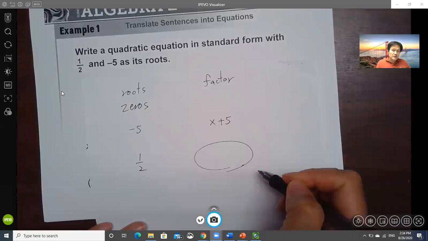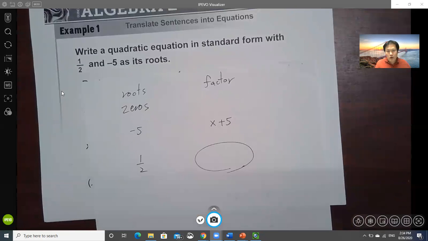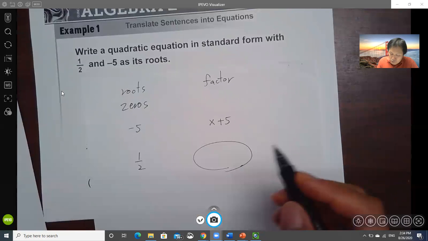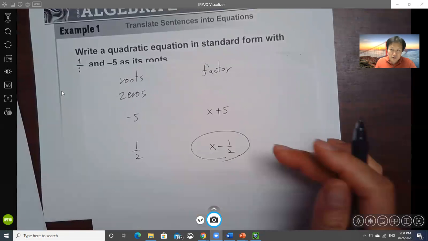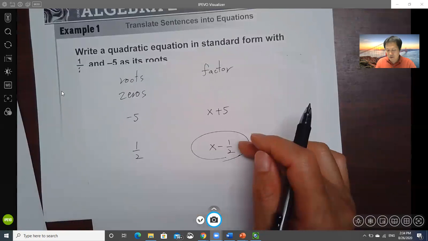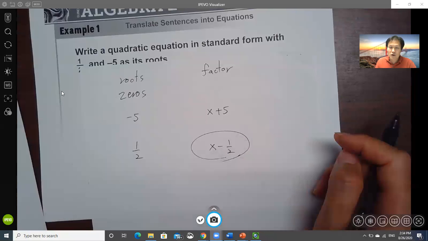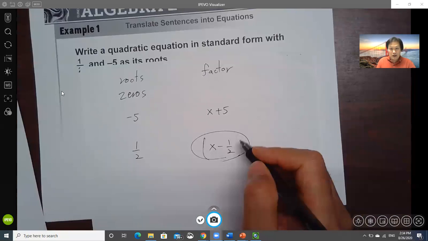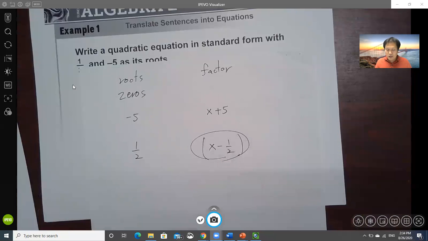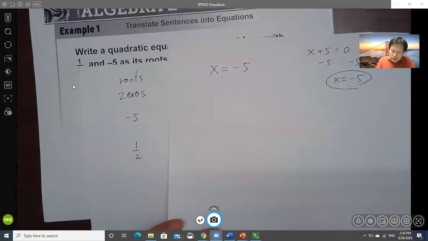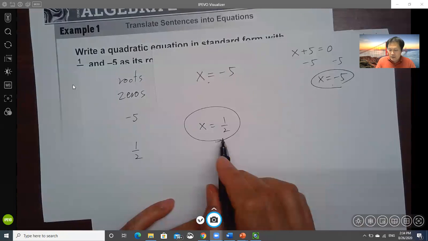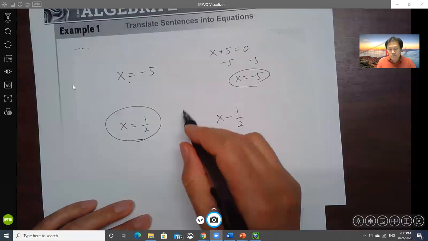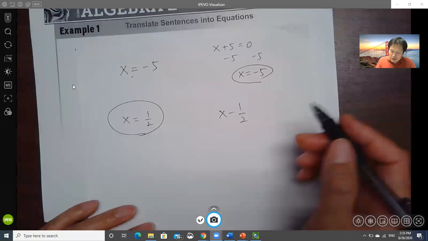Okay? So that's the part I want you to be a little thoughtful about. If you say, well, it's going to be x minus 1/2, that is correct. Except I don't like it much because you have a fraction everywhere. You don't want fractions. So technically it is correct. A better way to deal with that, x equal to 1/2. How can you get x equal to 1/2? x minus 1/2 is correct, but a better way will be 2x minus 1.